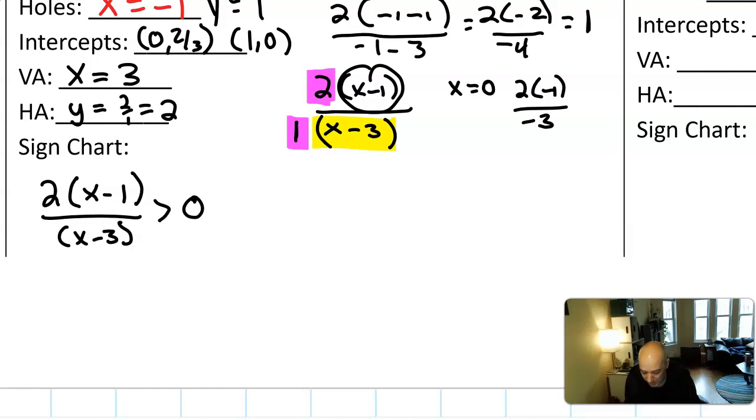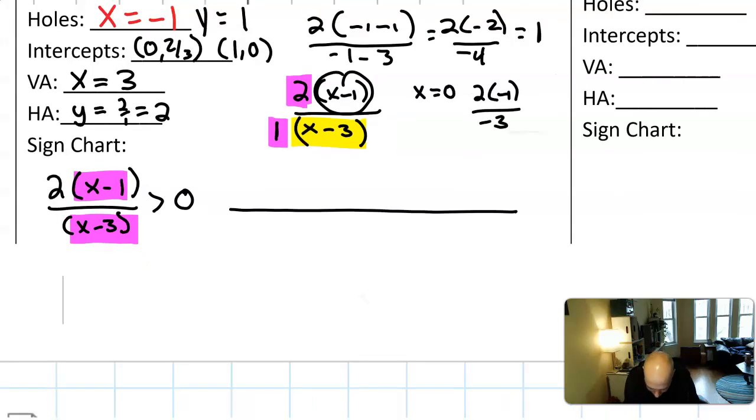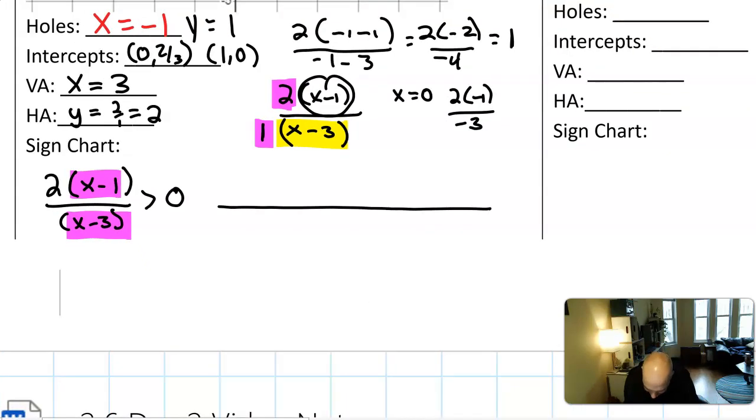If you remember in that section, we made a little number line, and on that number line, we put all the things that could be the boundary points where something could change sign. So this could change sign at 1 or 3, and that's it. Those are the only places that we can possibly change sign.